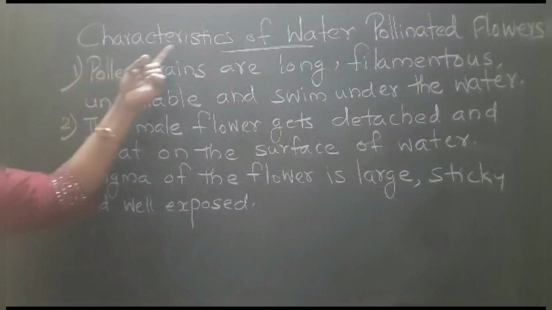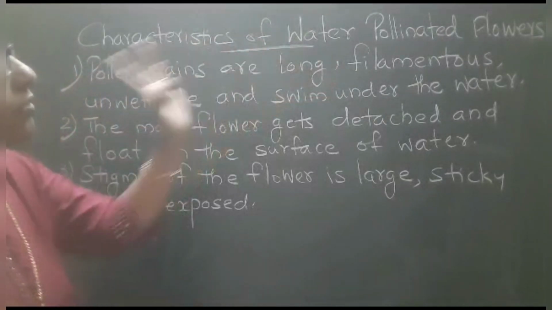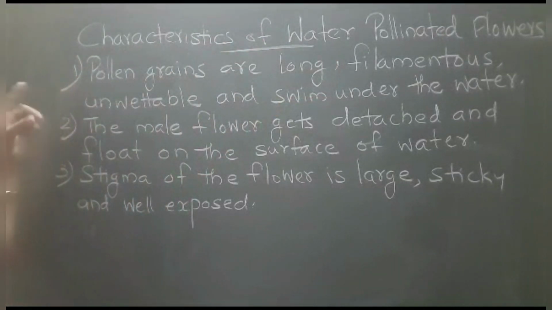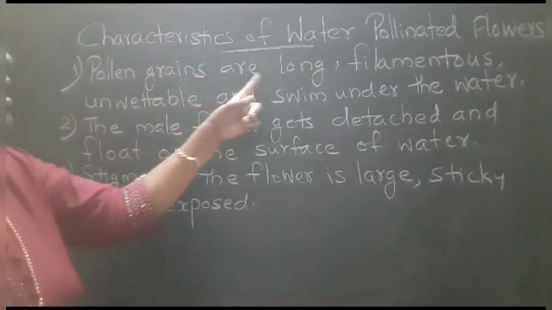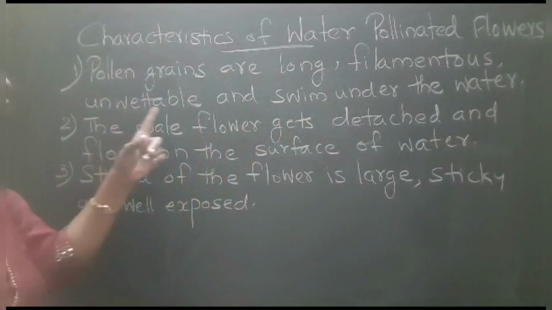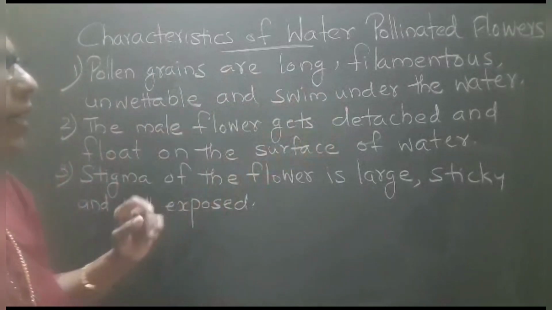Let's see what are the characteristics of water pollinated flowers. There are three characteristics. Number one, pollen grains are long, filamentous, unwettable and swim under the water.